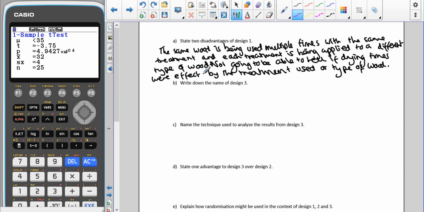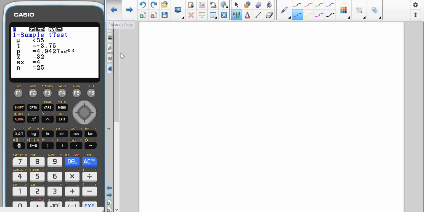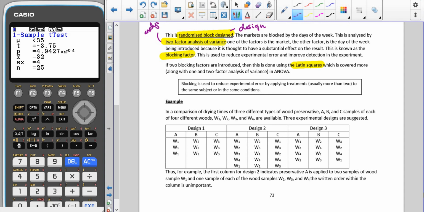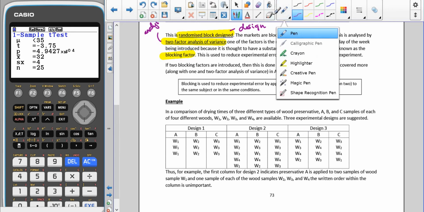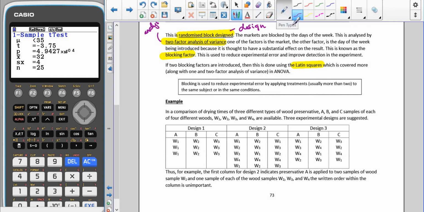For part B, we're asked to name the design of design 3. So if we have a quick look back at what design 3 looked like. Considering it tells us that the order in the list is unimportant, that means that wood 1 has treatment A being applied to it, treatment B being applied to it, and treatment C being applied to it.